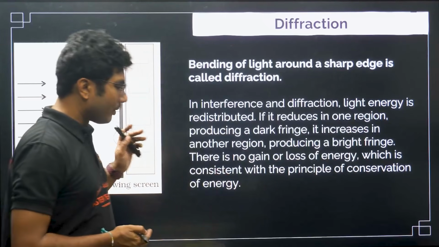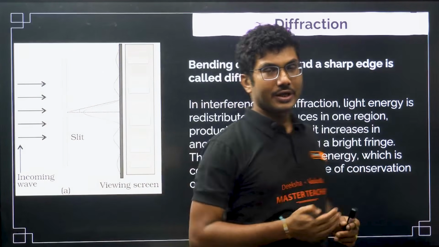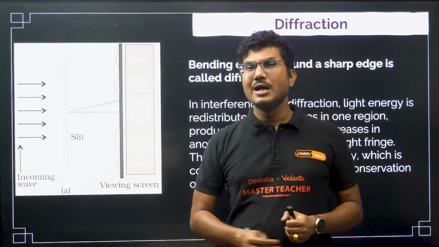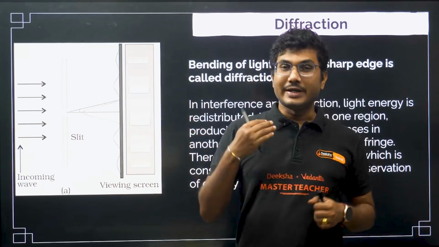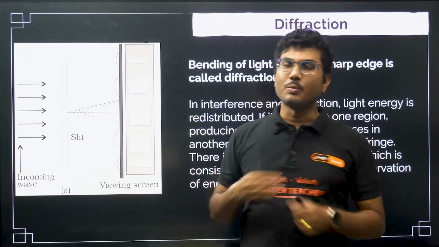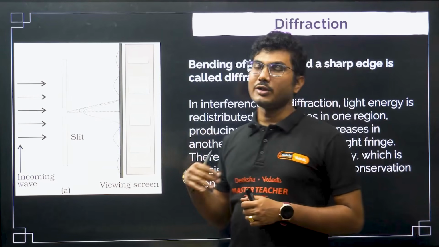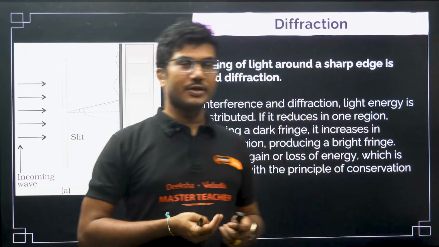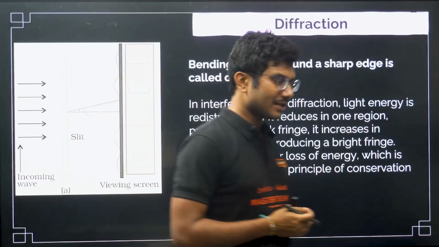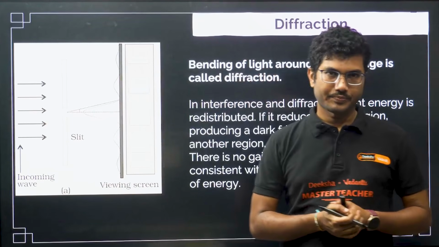Now, fundamentally, even though they are considered to be two different phenomena, the difference between interference and diffraction is not super clear. Based on how you are observing, interference and diffraction are very close to each other.